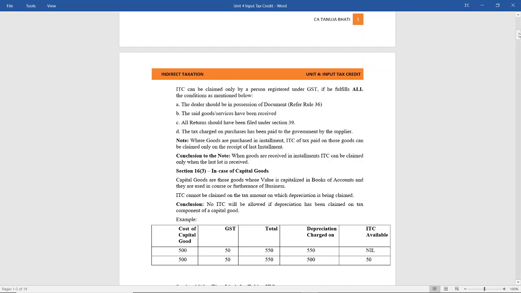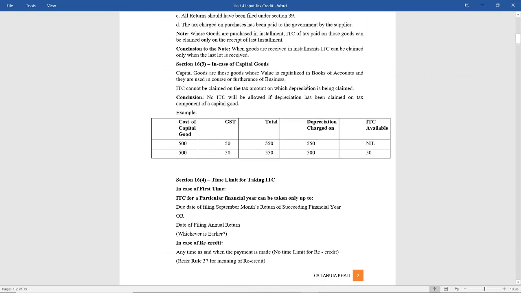Next, in case of capital goods, yes, you can claim the ITC, but not on the depreciation part on which GST has been charged. Suppose the cost of capital goods is 500 and GST is 50.